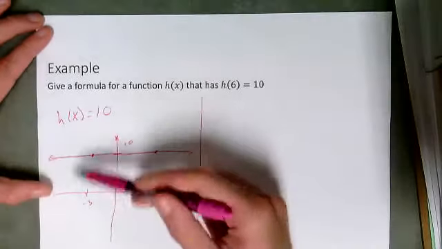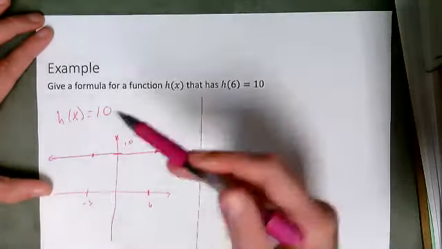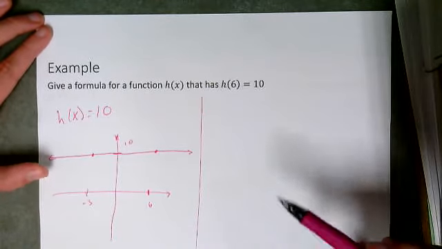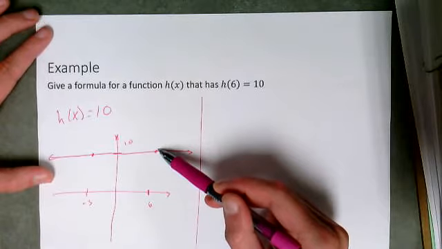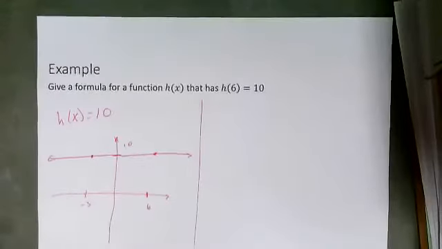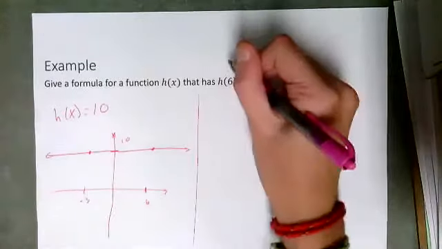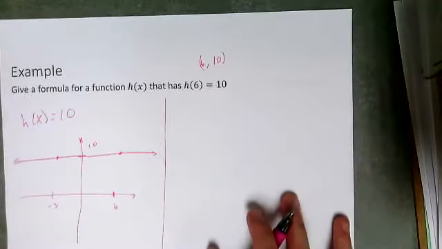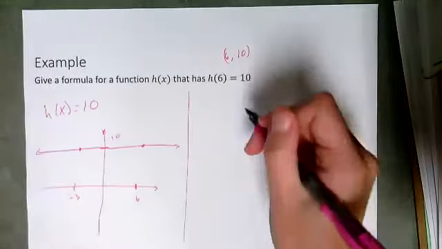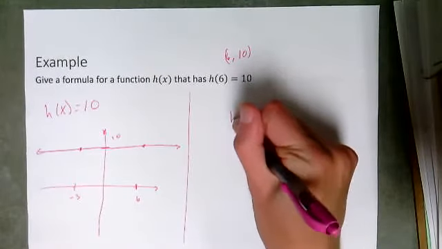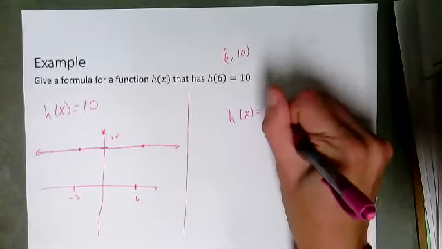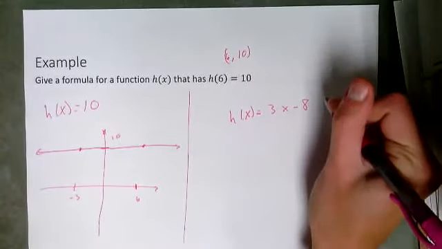That is a function, right? It passes the vertical line test with flying colors, and is a function that has h of 6 as a point. Right, so it's a function that has 6, 10 as a point. Another possibility is, let's see, h of x is equal to 3x minus 8.